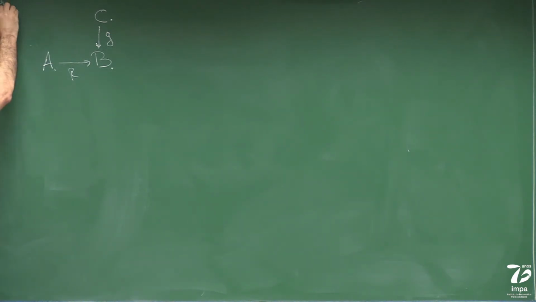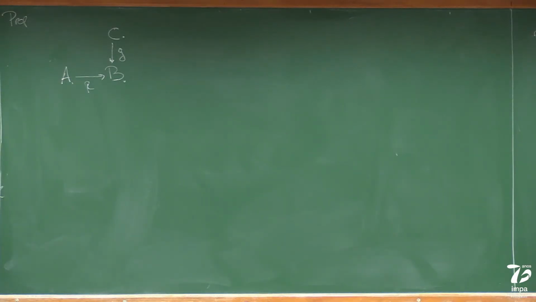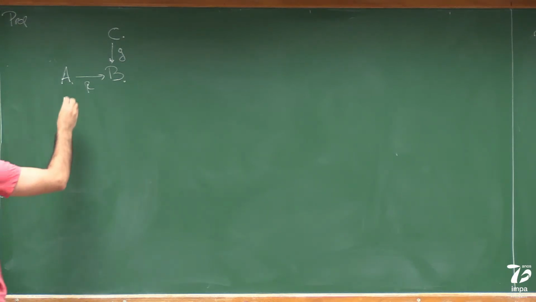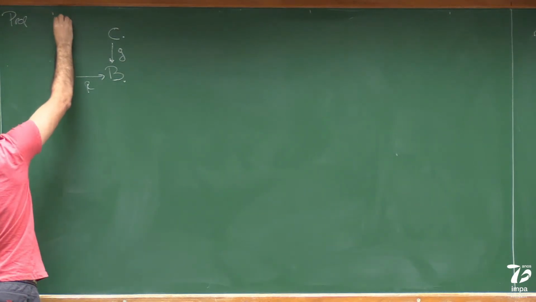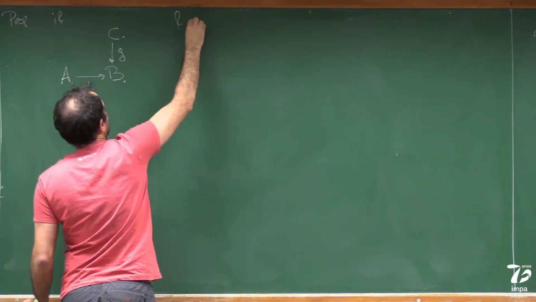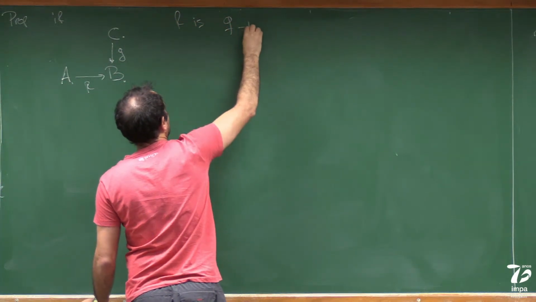Proposition. Suppose that F is a quasi-isomorphism.